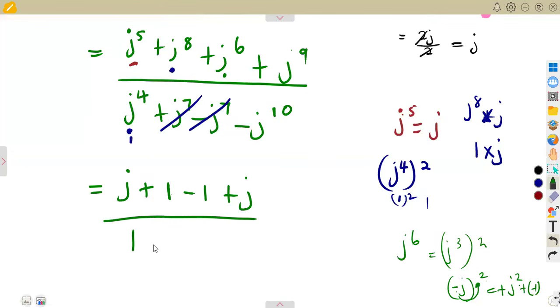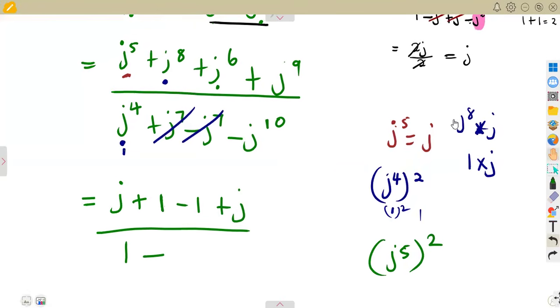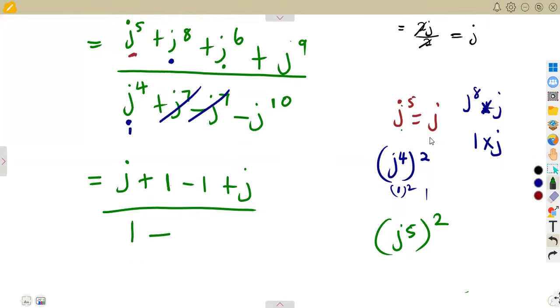What about, we're going to subtract here, j to the exponent of 10. So this is minus j to the exponent of 10. So we can take j to the exponent of 10 from j to the exponent of 5, squared. So what is j to the exponent of 5? We simplified j to the exponent of 5 before. j to the exponent of 5 is equal to j.